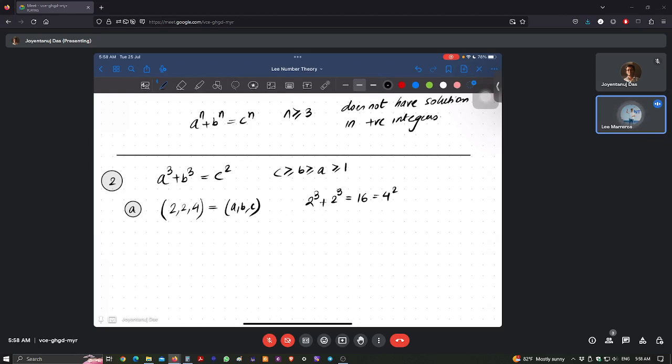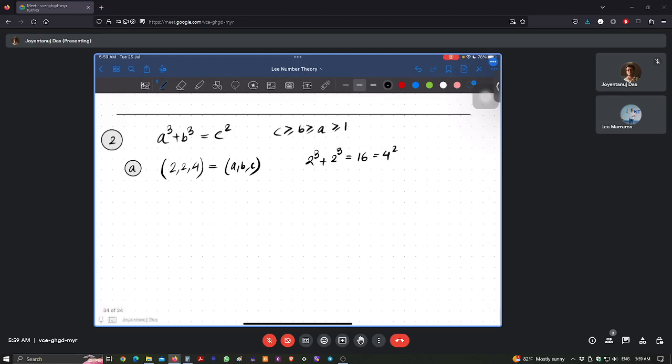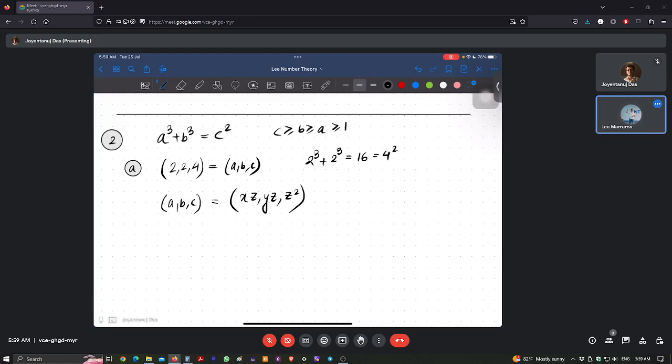So they have given some hint, right? So the hint is, let us use that hint: a, b, c equals xz, yz, and z square.